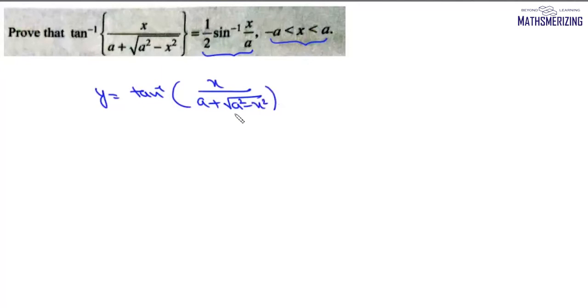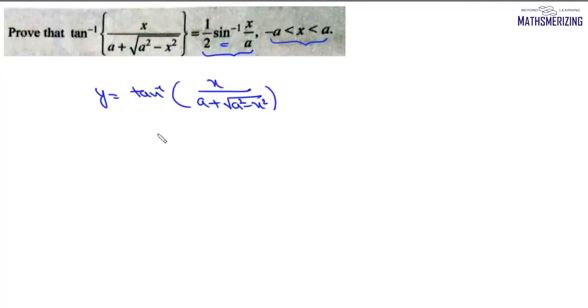Now when I look at this under root of a square minus x square, I can think of 1 minus sin square theta and 1 minus cos square theta. So I can take this x as either a sin theta or a cos theta. And looking at the right hand side, I know that I need to take it as sin theta because we need the result in terms of sin inverse.